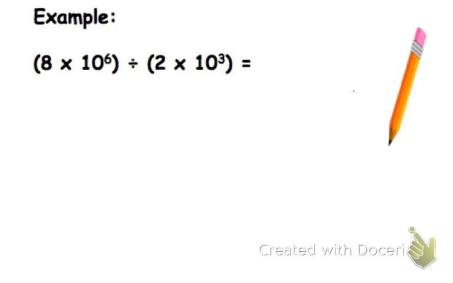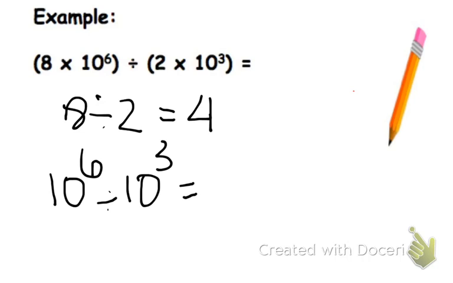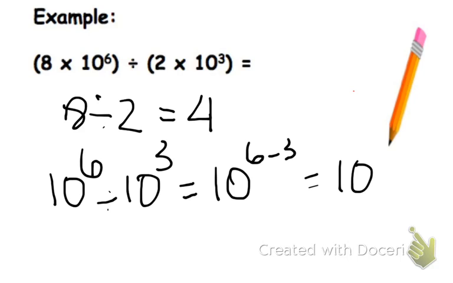Step 1 is to divide out the coefficients. When we are dividing 2 numbers that are in scientific notation, we are dividing the coefficients and dividing the bases of 10 using the laws of exponents that we've learned. 8 divided by 2 gives us 4, and 10 to the 6 divided by 10 to the third, we would apply the quotient rule, which tells us to subtract our exponents, which would give us 10 to the 6 minus 3, which is 10 to the third.